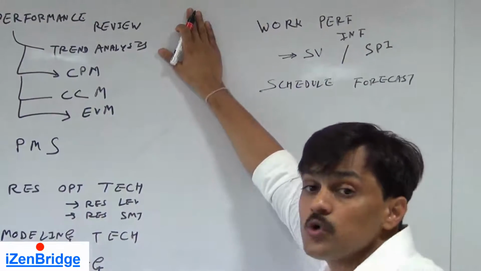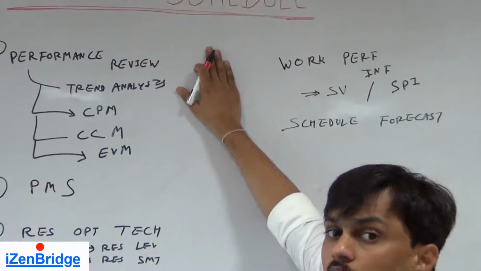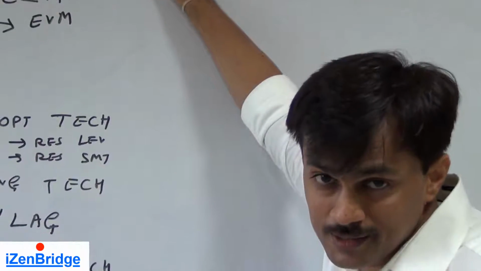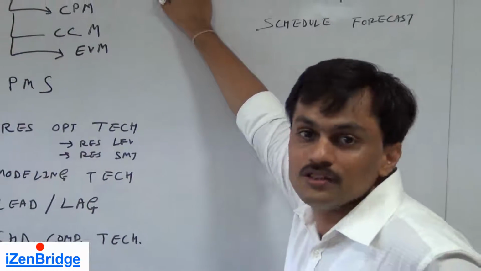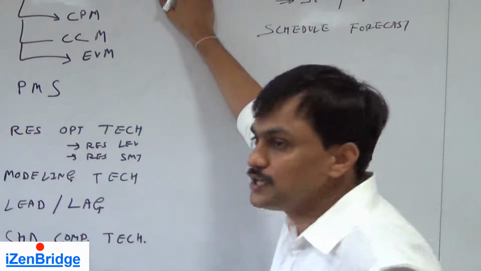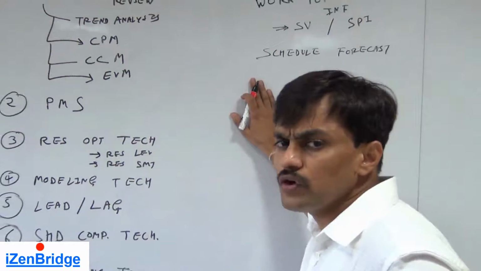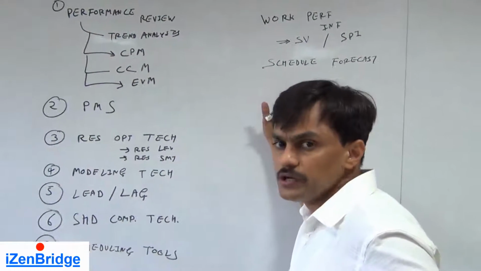Since it's a monitoring and control process, and all monitoring and control processes are expected to generate change requests, this process also generates change requests, and here the change requests would be more focused towards schedule-related things.